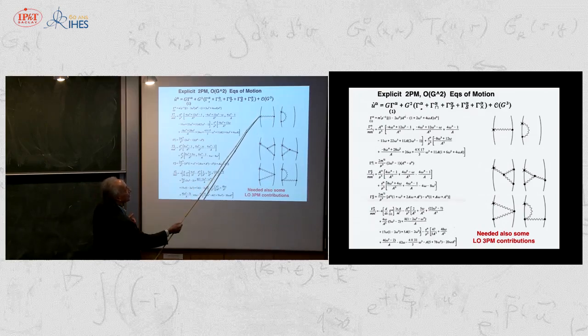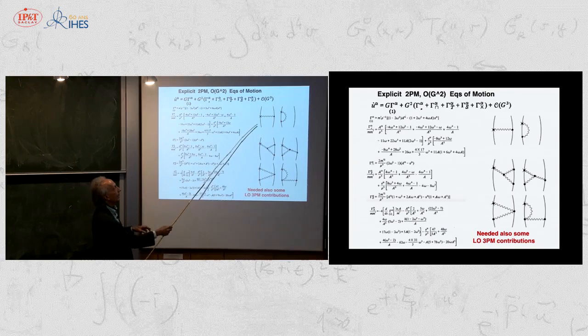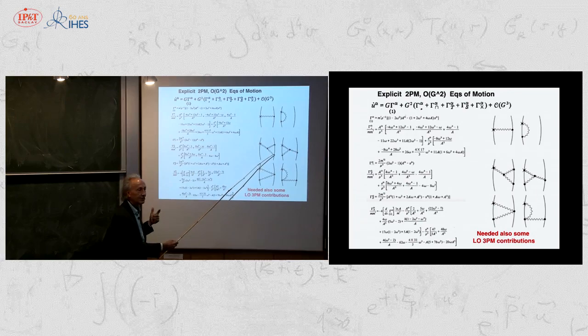You compute the acceleration of one world line influenced by the gravitational field created by the other world line as a succession of terms in an expansion, including terms like that evidently you would call one loop in QFT language. But classically, this one loop means, you know, that this body creates gravity, and let's take this diagram.